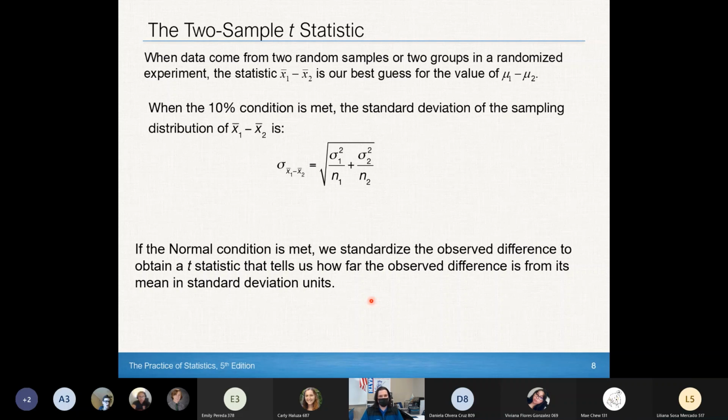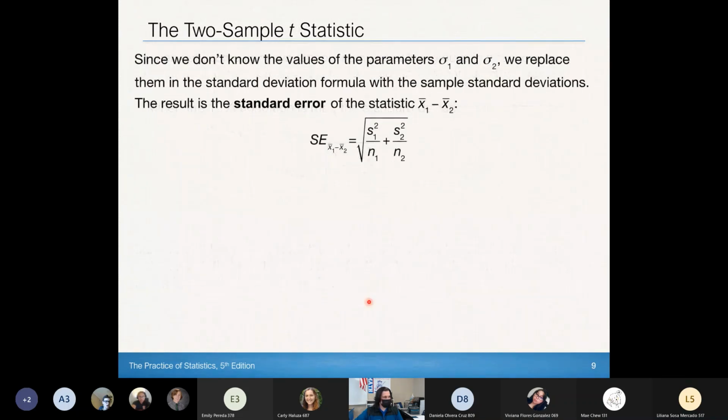And this is because we will typically not know the standard deviation or the population mean. We're trying to estimate them. That's addressed here. Since we don't know the values of the parameters sigma 1 and sigma 2, we replace them in the standard deviation formula with the sample standard deviations. The result is the standard error of the statistic x bar 1 minus x bar 2.